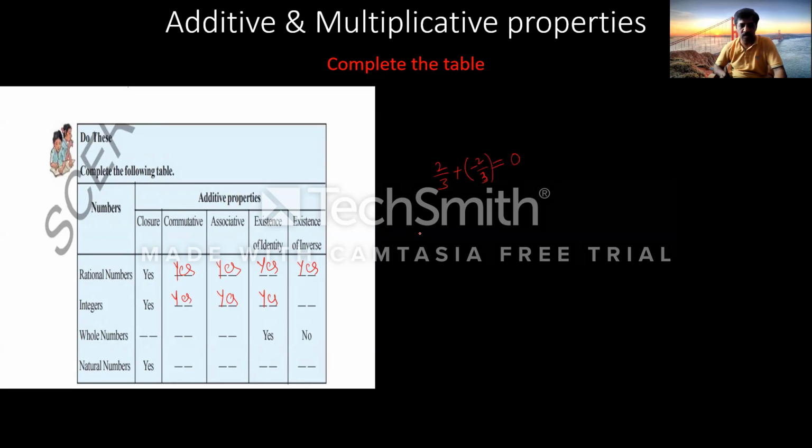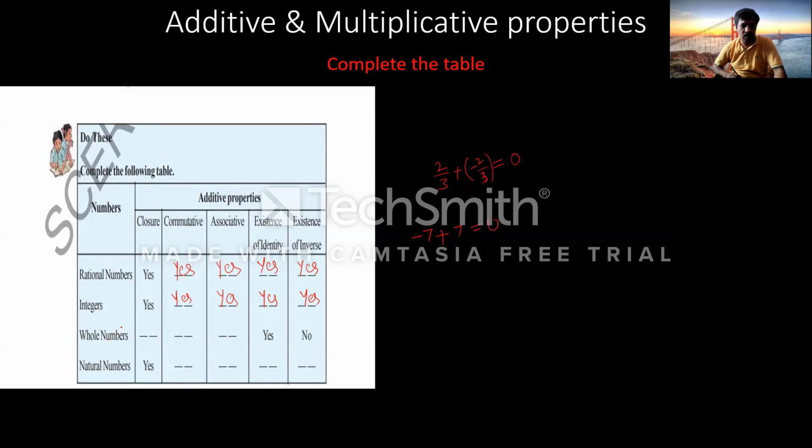For integers, if you take minus 7, what should we add to get 0? Plus 7. And this 7 exists in integers. Plus 7 and minus 7 both exist in integers. So existence of inverse is there. So integers satisfy inverse property with respect to addition.